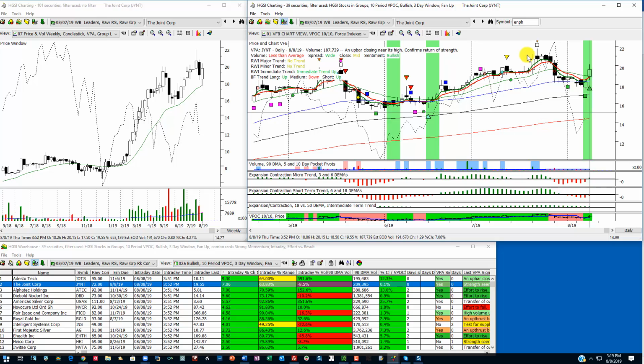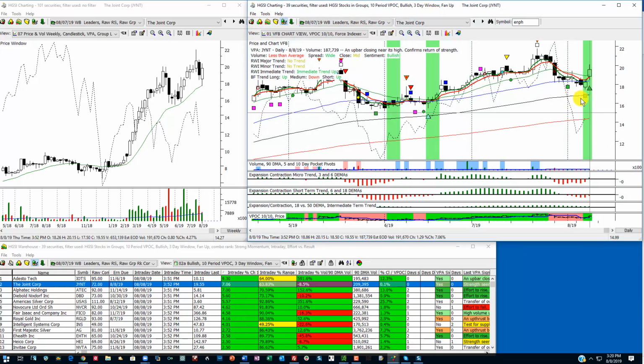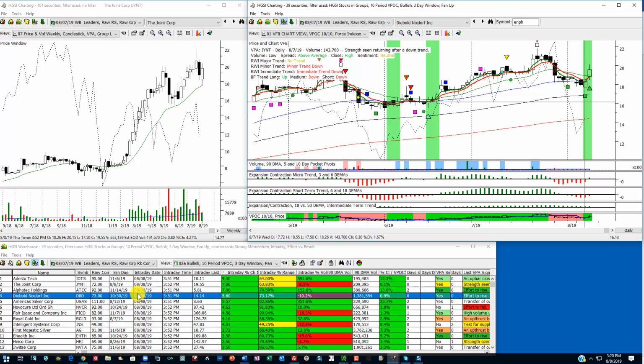It passed over also. This is a counter trend, and it passed over. These VPA flags come in very handy because they show you, based upon the criteria in the code, that there are some signals that are appearing. And in this instance, it was strength seen returning, and this is a 2-day window. Here's another one.